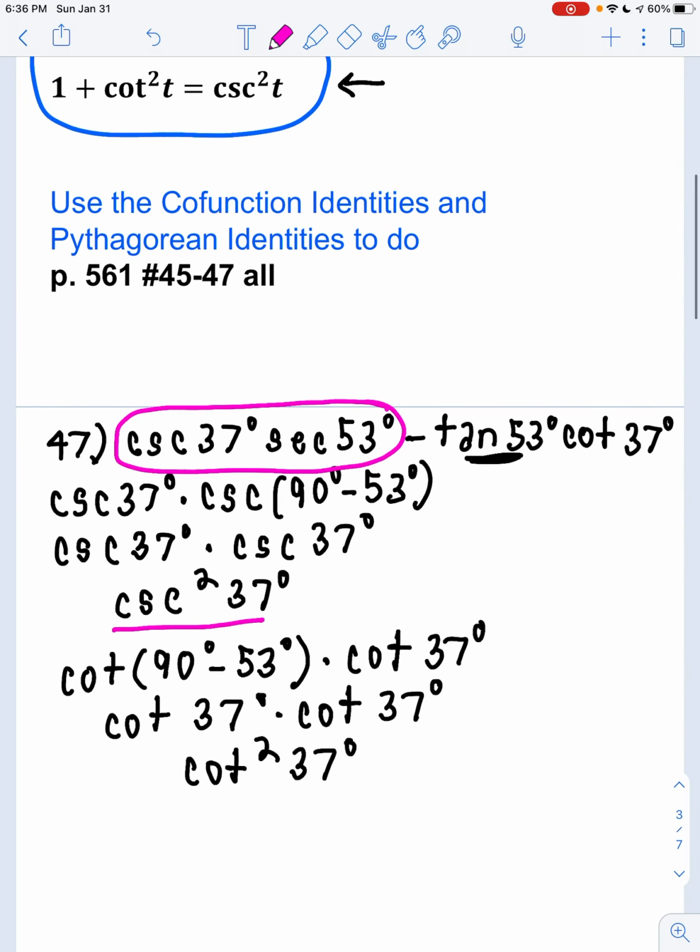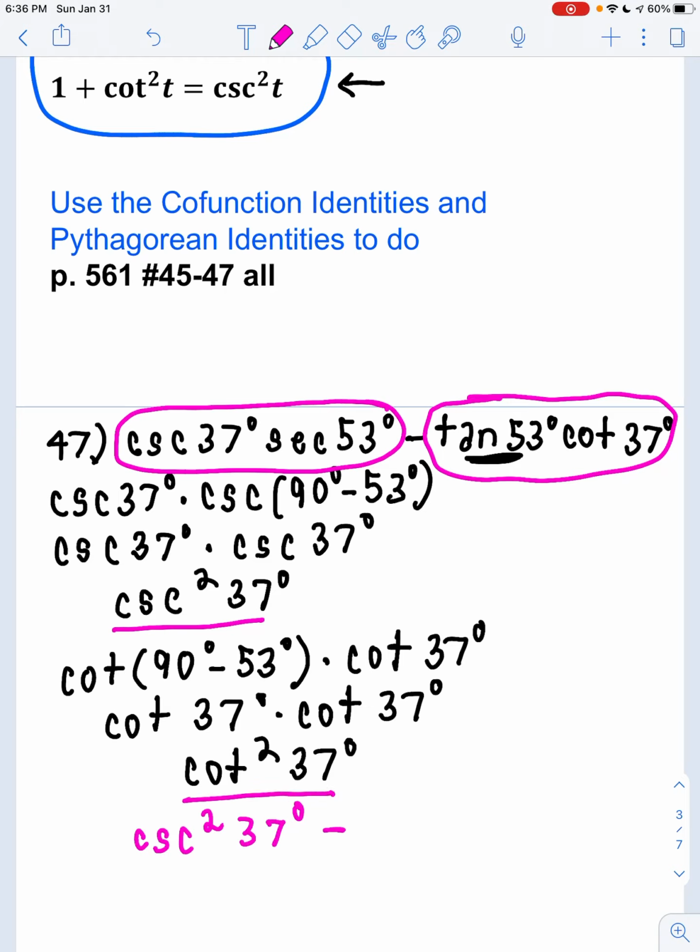So I am saying that cosecant 37 degrees times secant 53 degrees could be written as cosecant squared 37 degrees minus, and that's where I can take this and rewrite that as the cotangent squared 37 degrees. I just did a substitution.